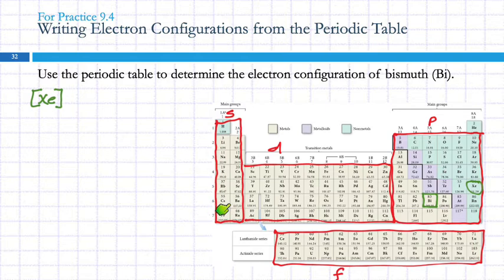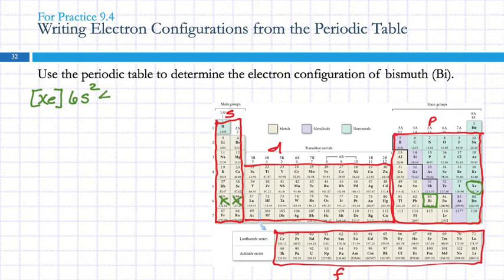This is 6 in the S block. 1 and 2. So that's 6s2. Okay? This would be 5d, but then it jumps, and so we're going to keep those guys together. Sorry about that. Over to here. And so this is F. We're working on the 6th row, but we have to subtract 2.